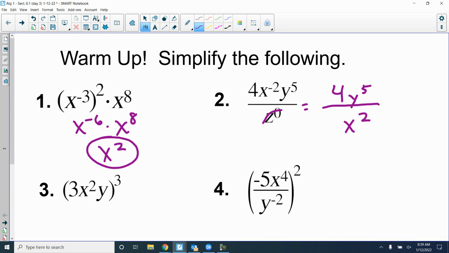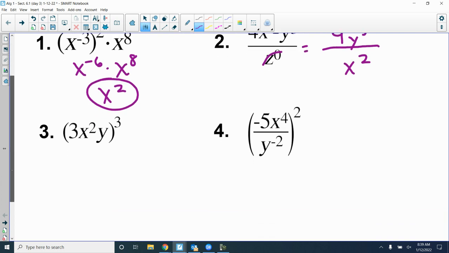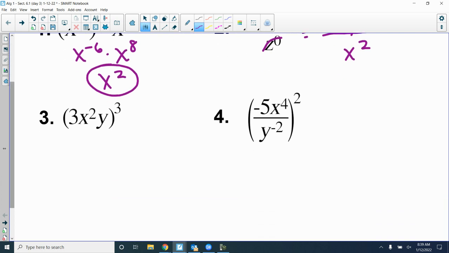All right? Now, what do we have to do with number 3? What is getting cubed? Or what goes to the third power here? What do you think? Diane, what do you think? So 3 gets cubed.